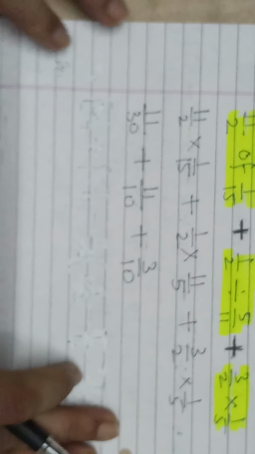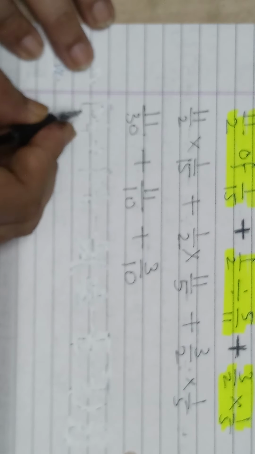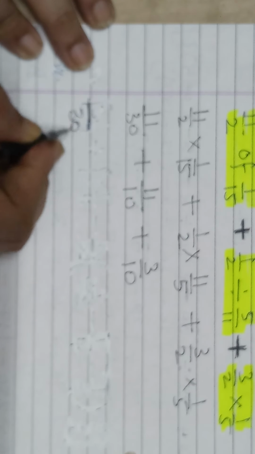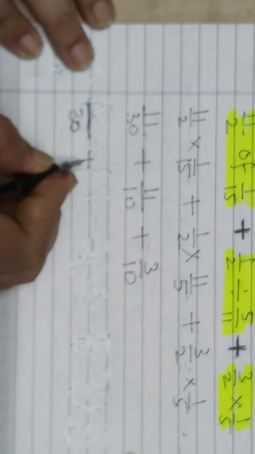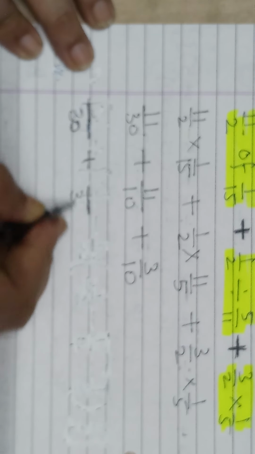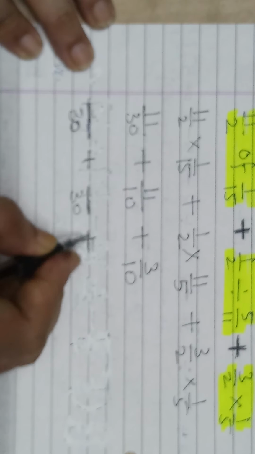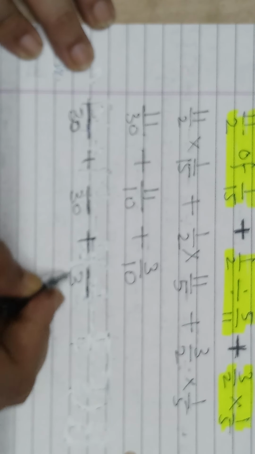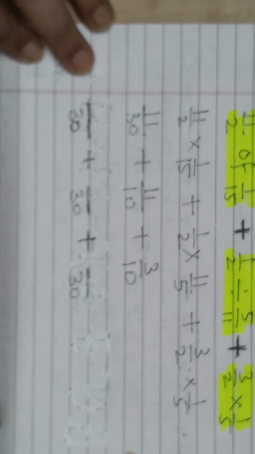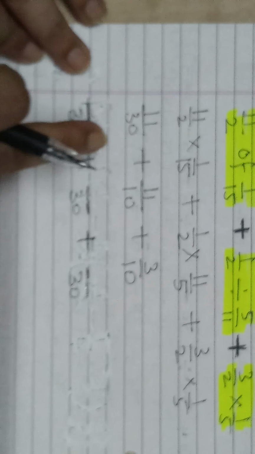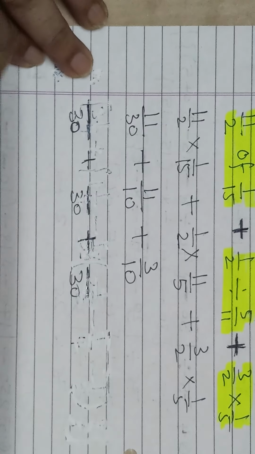So we got this fraction. Now we need to convert all of them to the same denominator. I want to make all of them the same. So let us choose 30 as our denominator, or you can say it is the LCM of 30, 10 and 10.